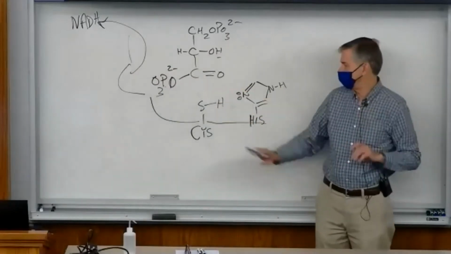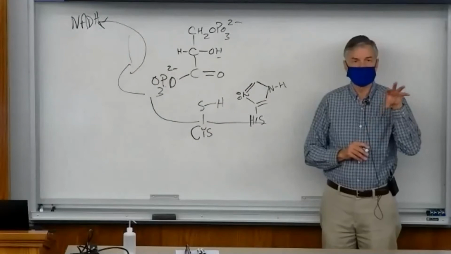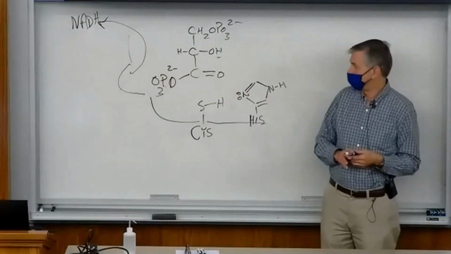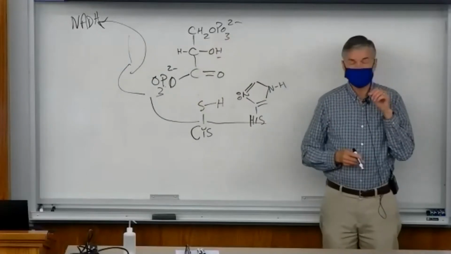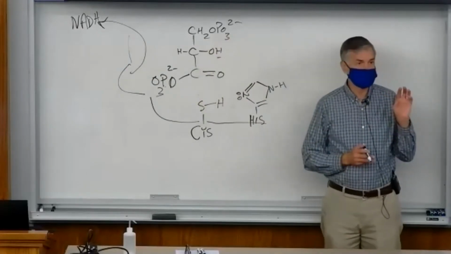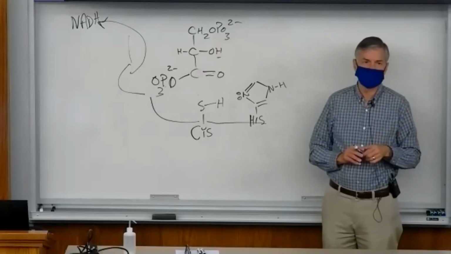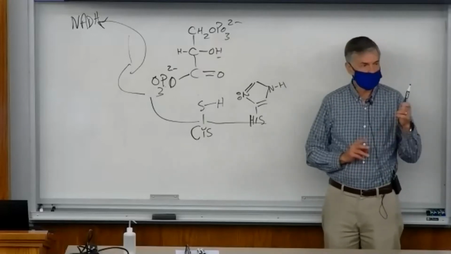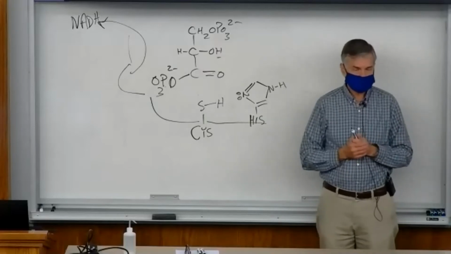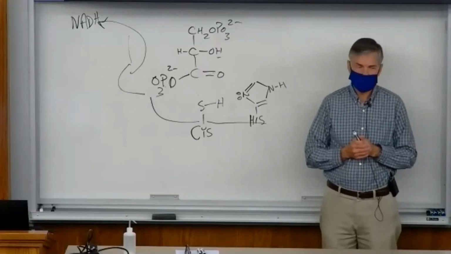So we've gone from a thioester to a phosphoester bond. So here we have now the 1,3-bisphosphoglycerate, which is the product of step 6. Okay, questions about this?